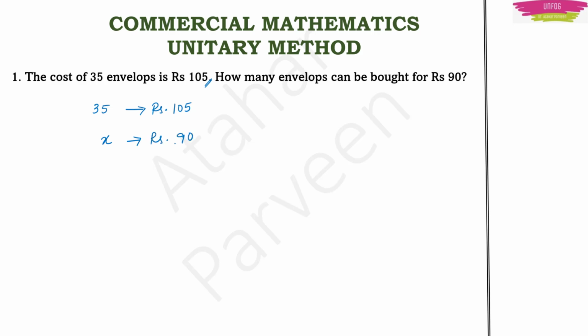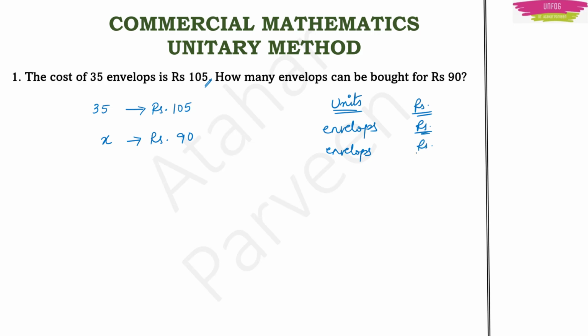Correct? Now one important thing which you have to keep in mind while solving the unitary method is you have to write common units. See here, what are the units? In the first thing we have envelopes. Correct? So envelopes, below should be envelopes only. Correct? Then second is rupees, amount. So here also it should be amount.